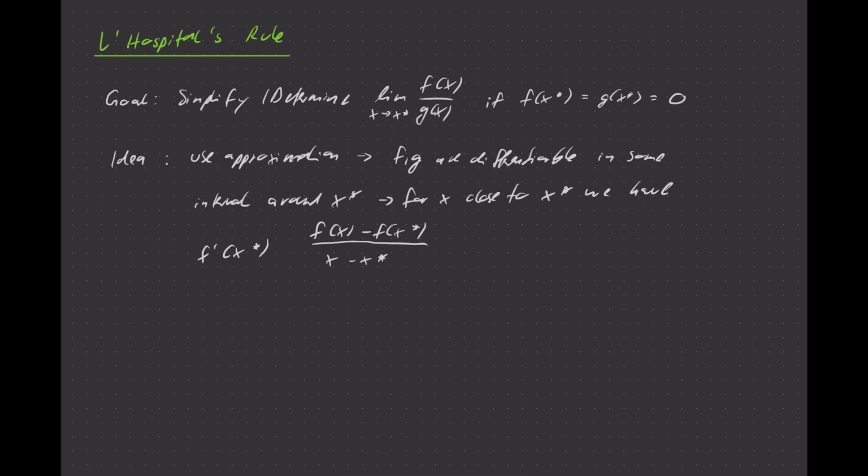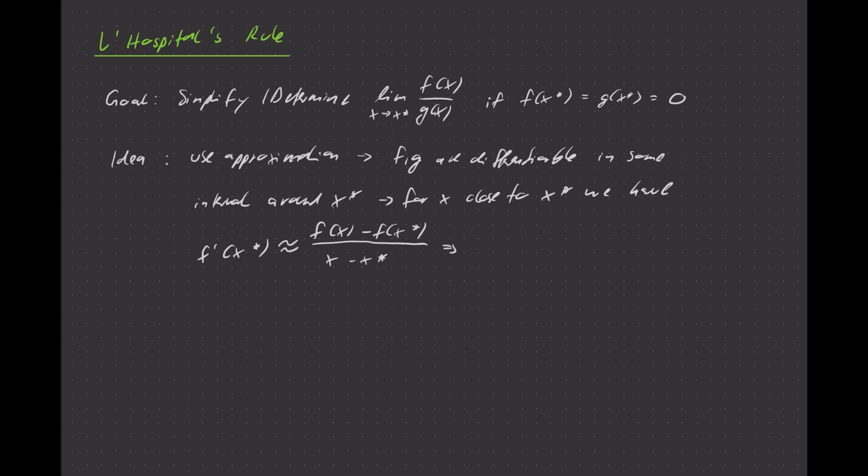Now, instead of taking the limit, we can also say, as long as we're close enough to x star, this derivative is approximately equal to this expression for all x that are close enough to x star.